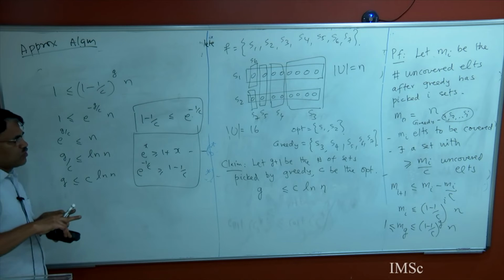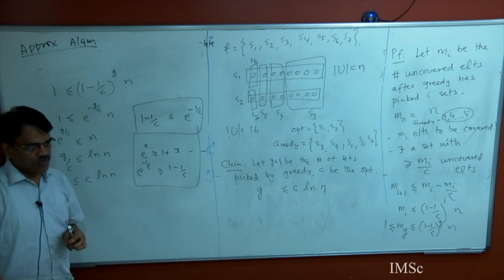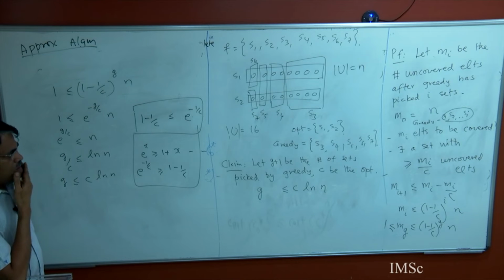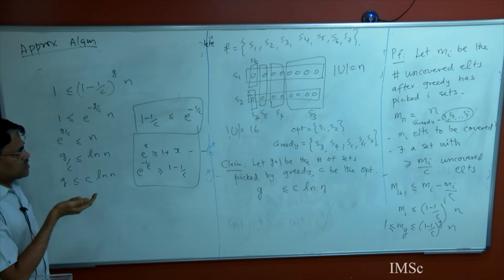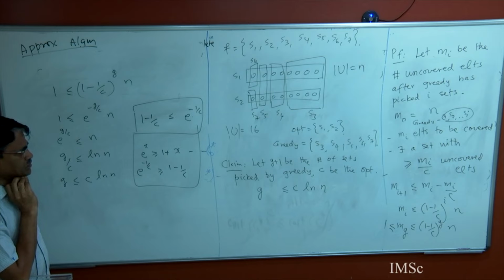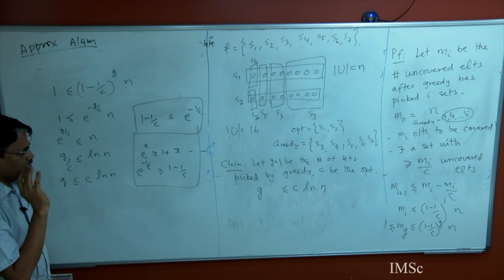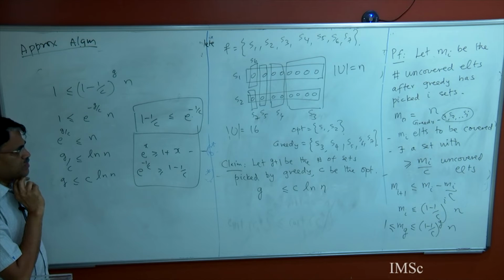Good. So that's all the approximation I want to give you. We've seen vertex cover, set cover, TSP, and there are more in the books. One can do a whole course on approximation. Lots of nice machineries have been developed.